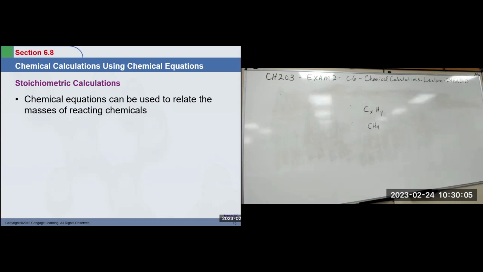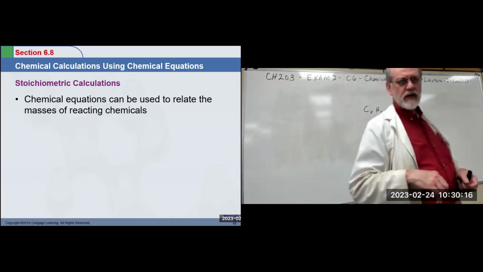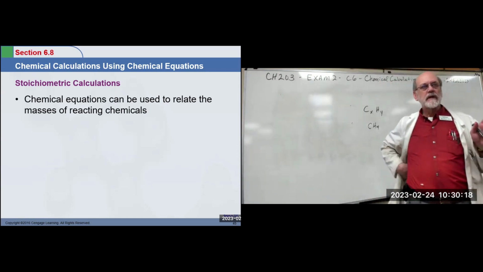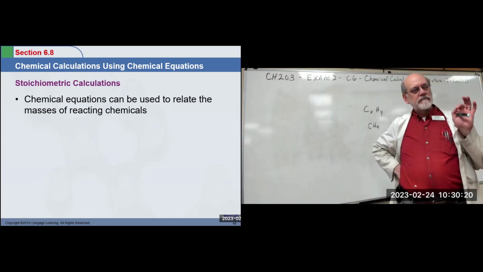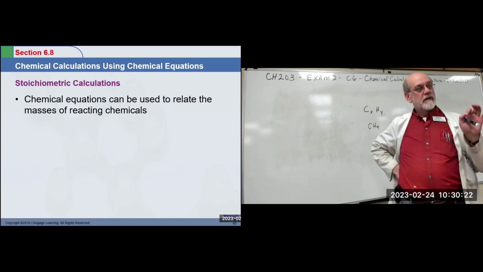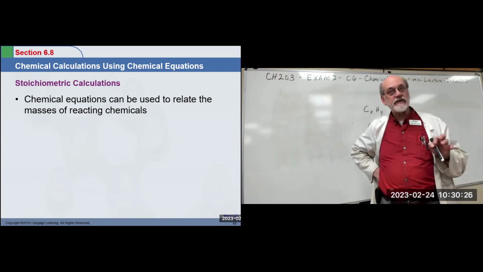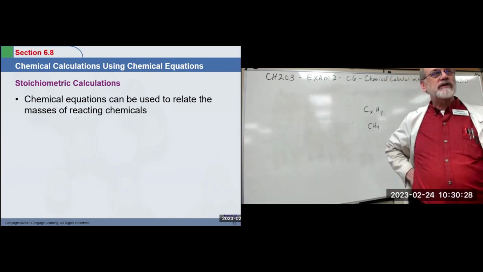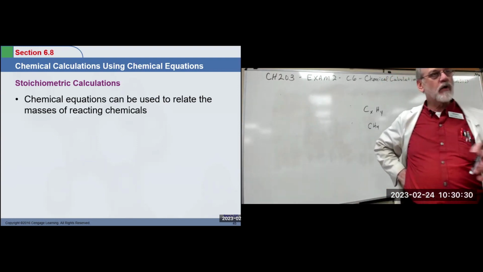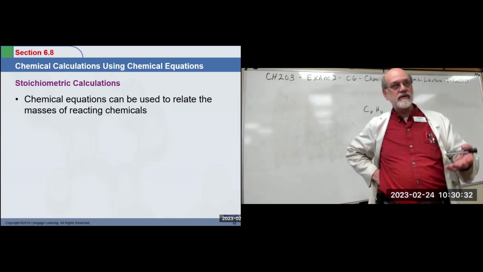Stoichiometry is the method of using a balanced equation and amounts. In our case, we're going to start off with masses. Masses of reactants to say how much product is produced. Because we don't measure things in numbers of atoms.